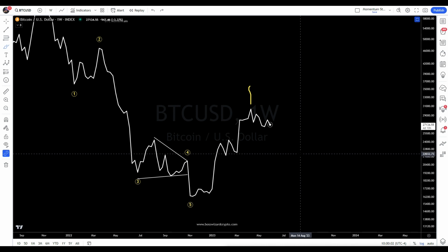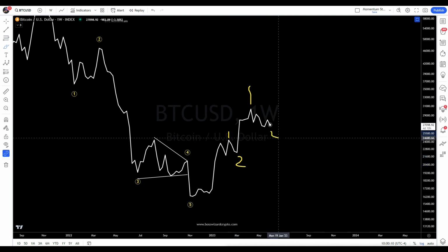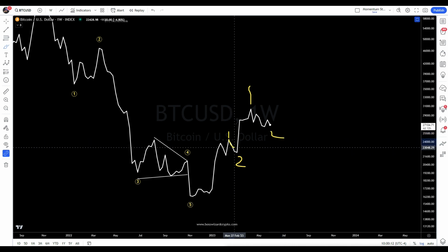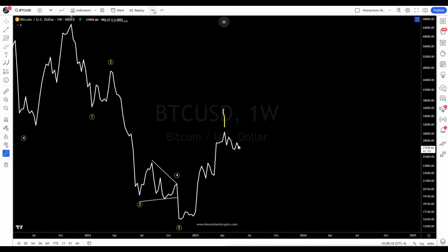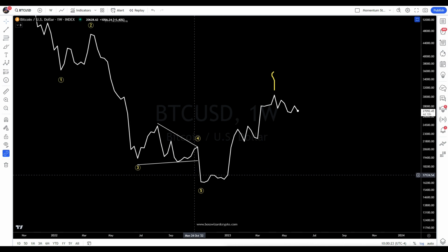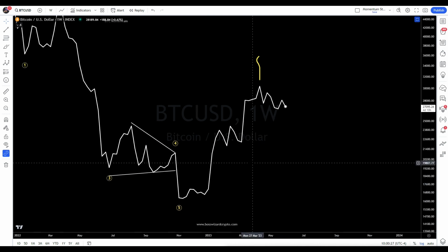One thing we can pretty much rule out, even though it's not technically invalidated, is 1, 2, smaller degree 1, smaller degree 2. Because if that was your 2, then that isn't the lower degree 2. It's way too big. Way too much time taken there. I mean, I think we're approaching 3 times time right now. It's insane. Way, way too big.